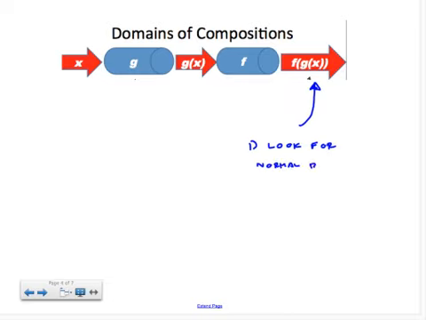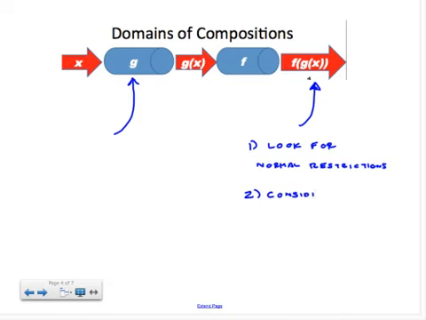So you look at your final equation and say, I can't have this number go in. But here's the thing, you also have to consider the restrictions on the original function that was being composed. Because if a number could not have gone into g, it would never have come out to go into f, so it can't be in the domain of f of g.